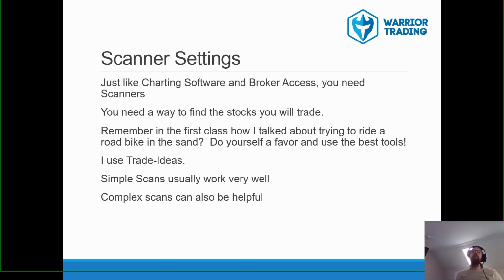Now, with Trade Ideas, there are an infinite combination of scanner settings that you could create, from very simple scanners that cast a wide net and will bring you back a large number of stocks, to really complex scanners looking for very specific patterns and very specific types of stocks.